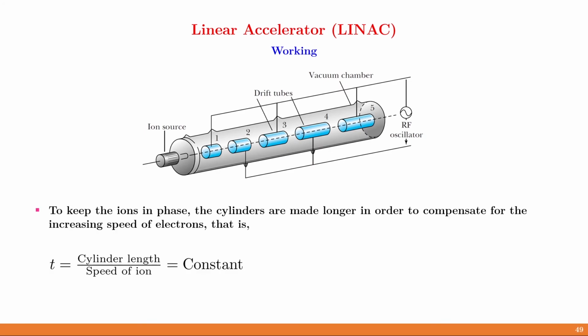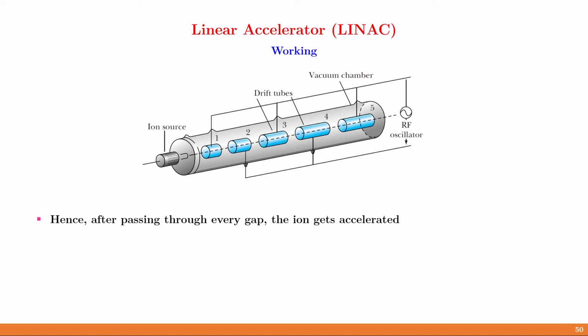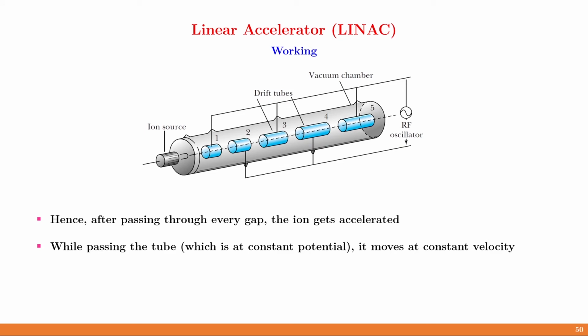To keep the ions in phase, the cylinders are made longer in order to compensate for the increasing speed of ions, that is, T equals cylinder length over speed of ion, which is equal to a constant. Here T is the time of travel inside a cylinder. Hence, after passing through every gap, the ion gets accelerated. While moving inside the tube, which is at a constant potential, the ion moves at constant velocity.